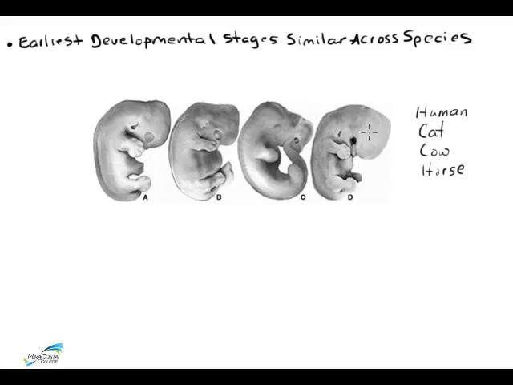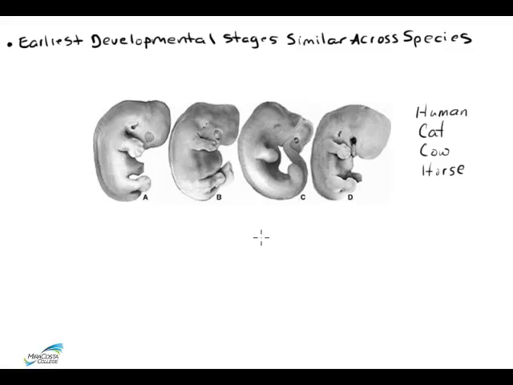You're talking about specifying head versus tail regions. You're talking about specifying where the limbs are going to be, setting up a basic body plan, an axis of symmetry, right from left, top from bottom, front from back. And those simple developmental steps that occur early on happen very similarly no matter what species you're looking at.